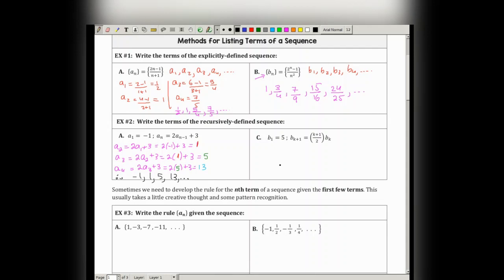Okay, so let's take a look at how to do this one. What do you think b2 is going to be? b2 is what?